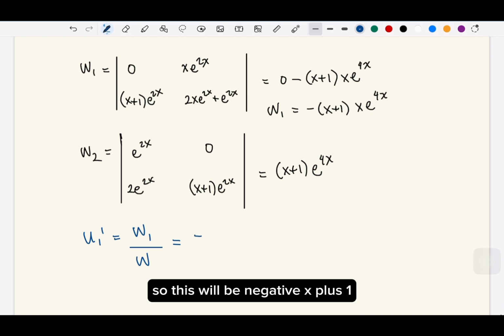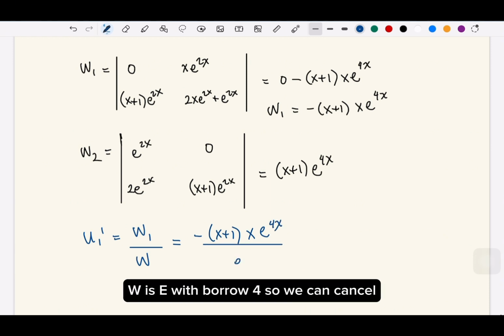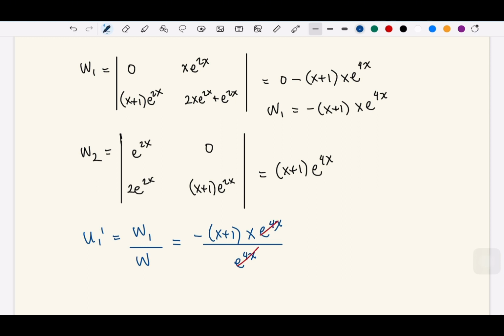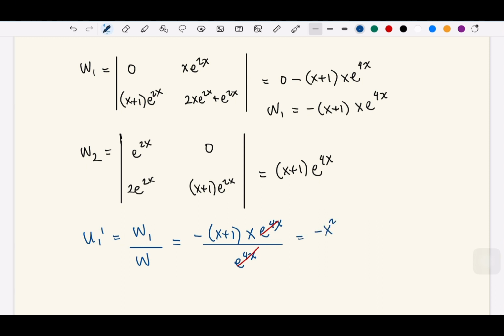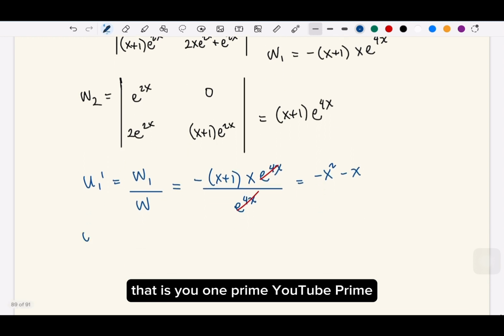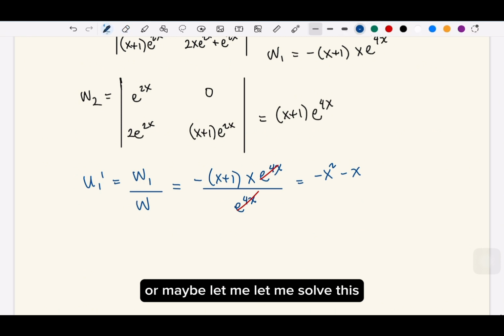So this will be negative x plus 1, x. W is e with power of 4x, so we can cancel. So we can have negative x squared negative x, right? That is u1 prime. Let me solve this. u1 will be, so we can integrate this one.